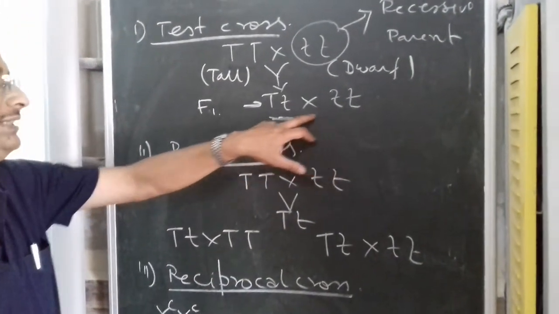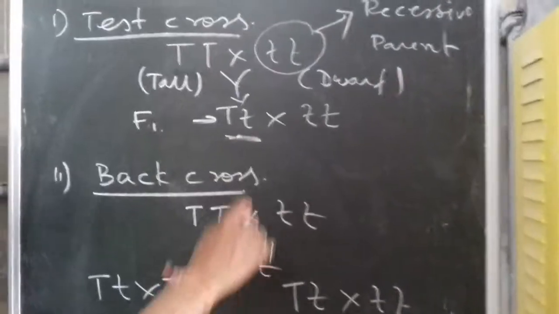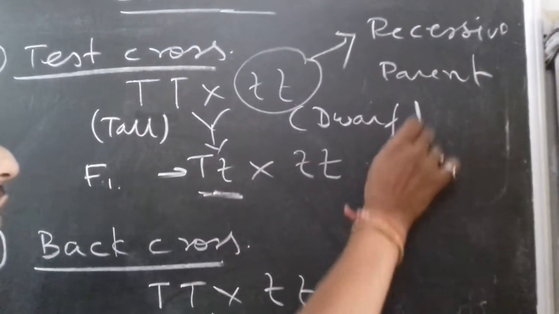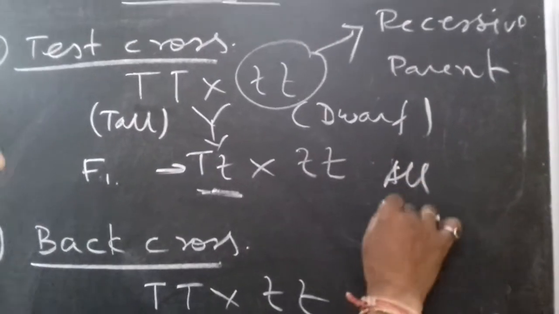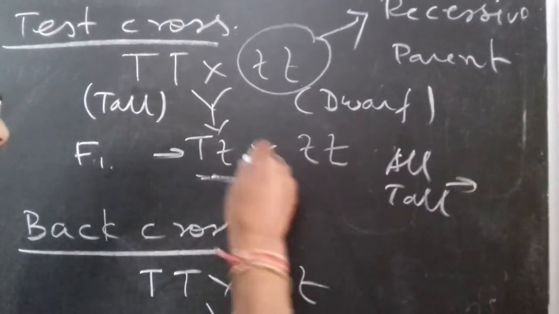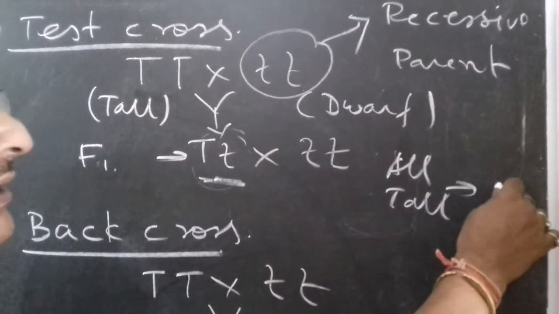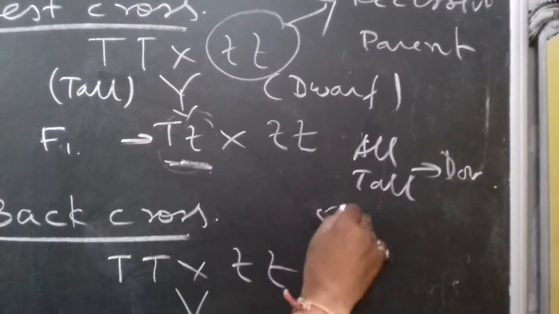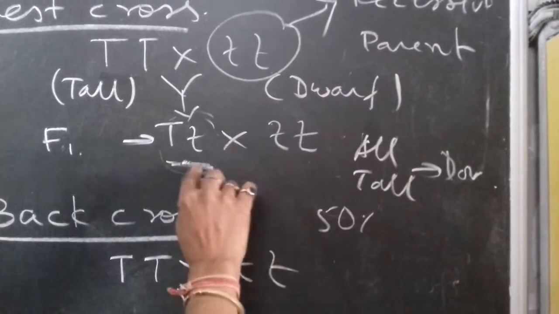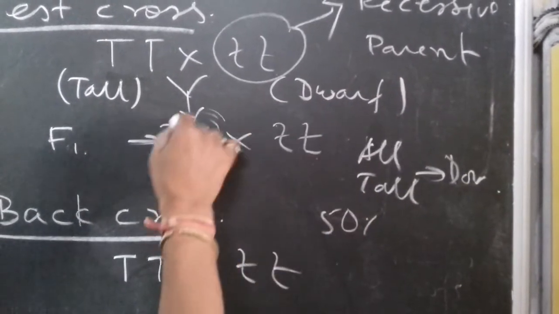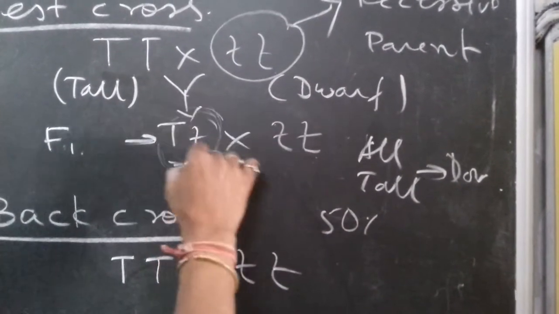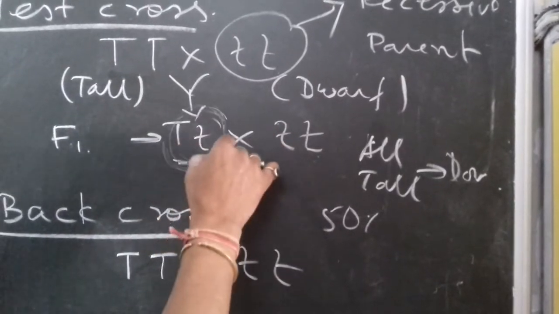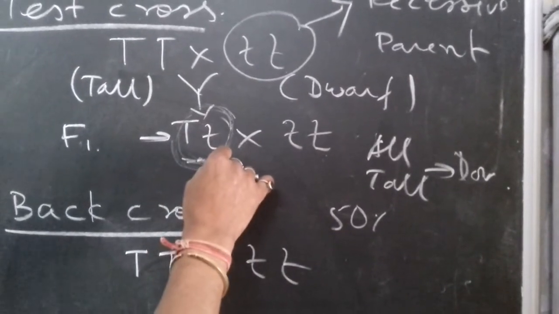Usually when we cross with a recessive parent, if we get all tall, then we can say that this particular genotype is a dominant genotype. But if we get 50% tall and 50% dwarf, then we can tell that this is a hybrid, or what we call a heterozygous genotype.